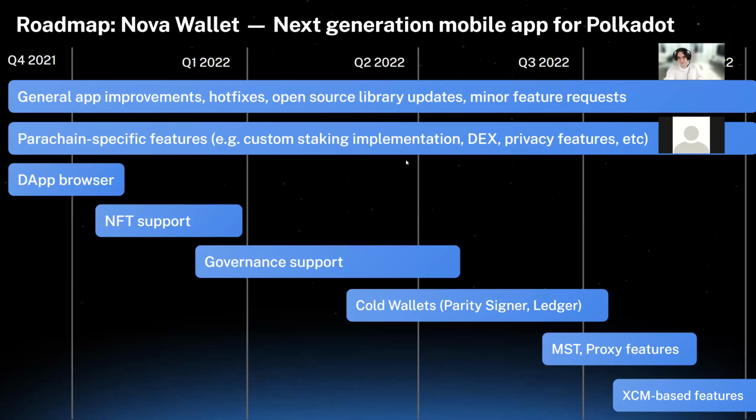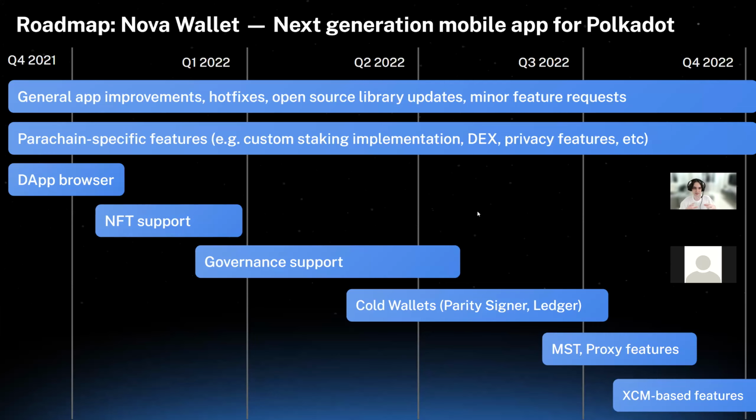Okay. So here on the screen, we have basically the roadmap for No Wallet. That's our vision for the next year, for 2022, and the part of the current year, which is December and November. Basically, we are planning to improve the app in a general way.